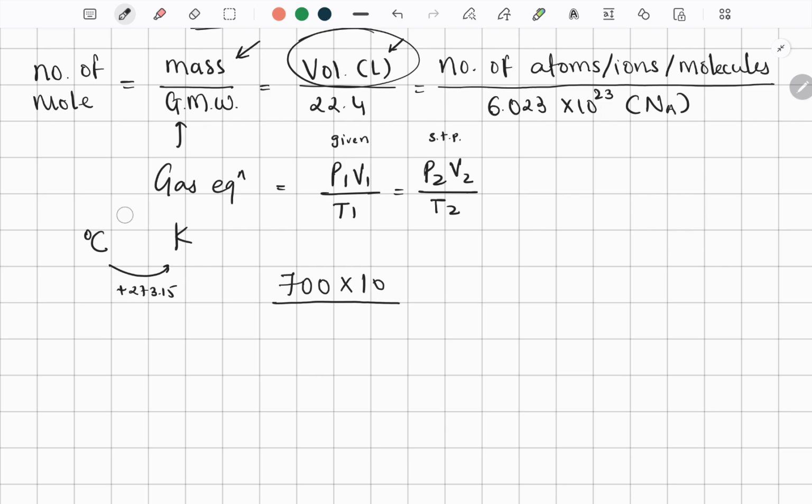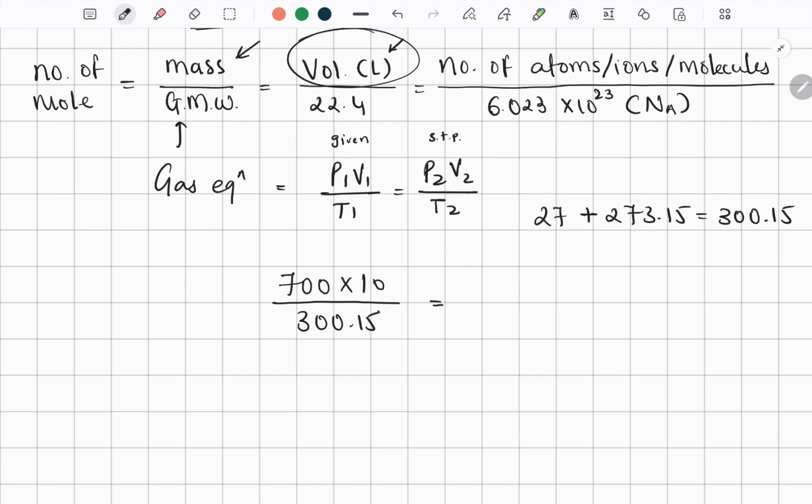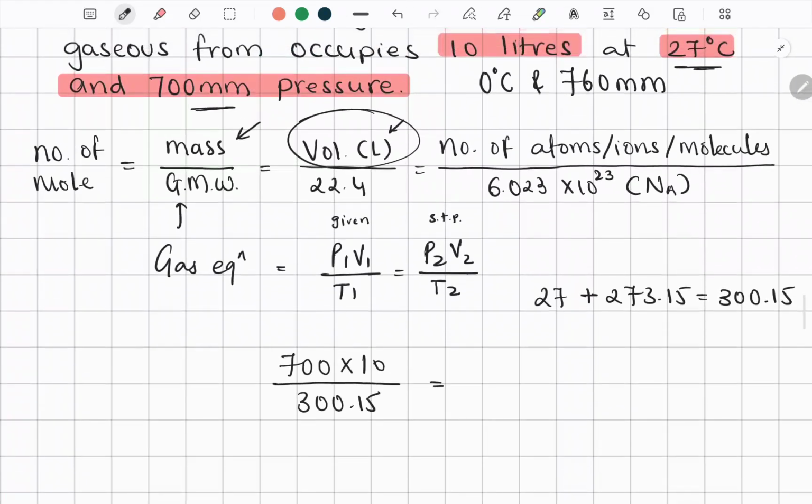As we have 27 degree Celsius, we add 273.15 and it gives us 300.15. So 300.15, the temperature in Kelvin, is equal to... Is the pressure for the STP condition known? Yes, 760. Is the volume at STP known? No, that is what we have to calculate, so let us assume it is V2.